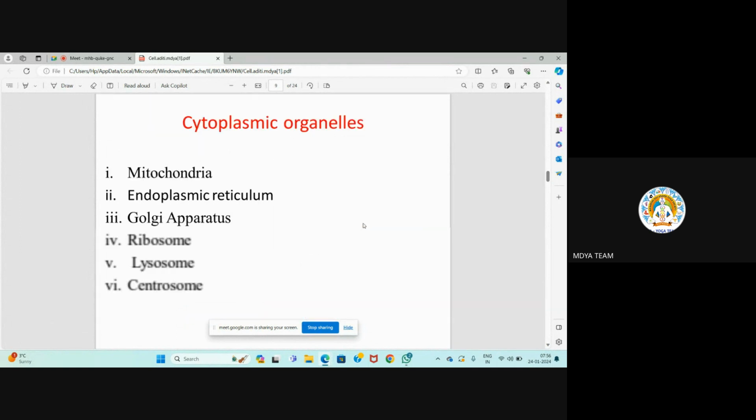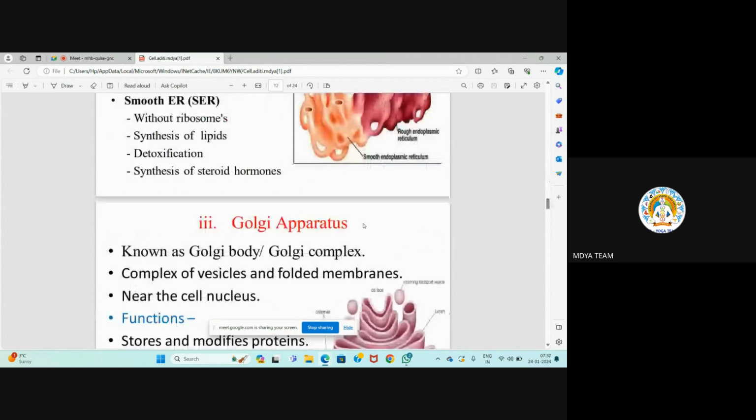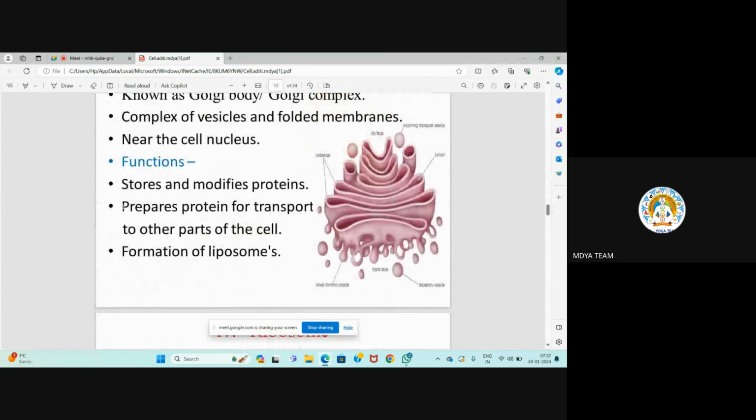Like we have studied, it prepares protein for transport to other parts of the cell where it is needed. So the protein is being transferred through liposomes.